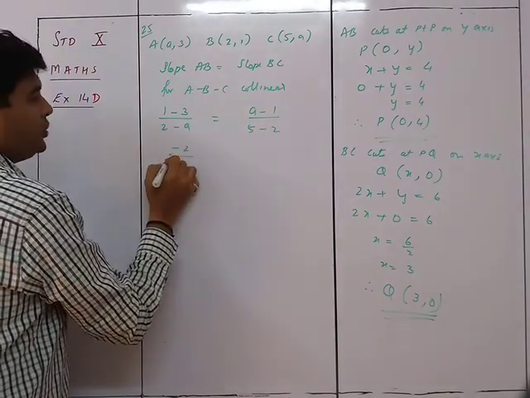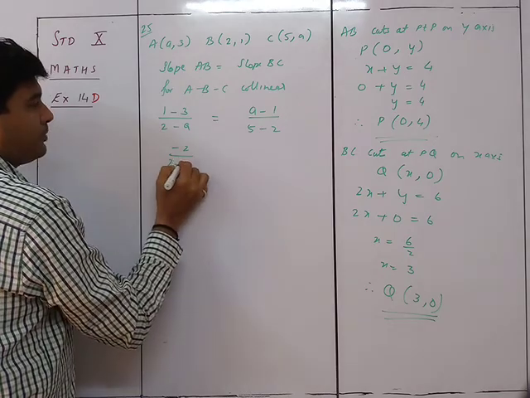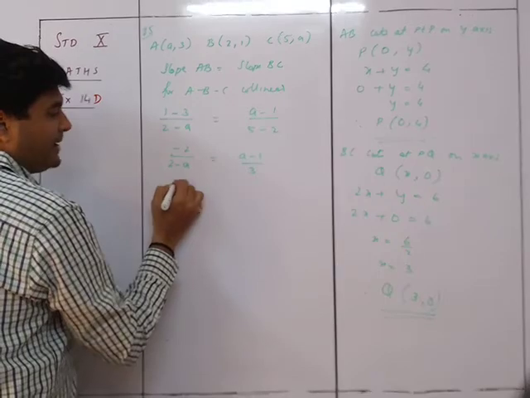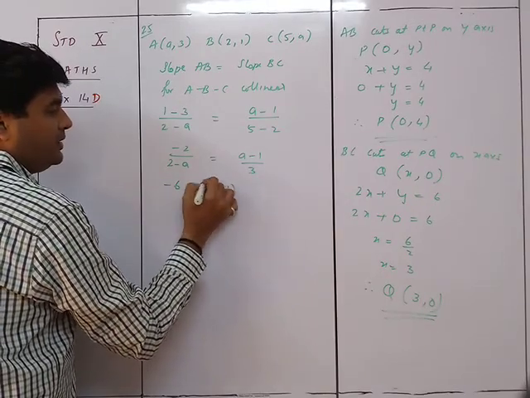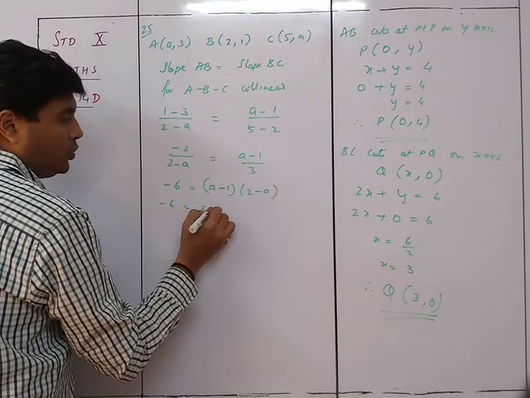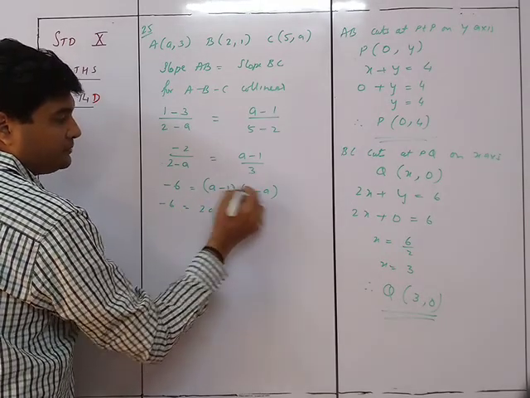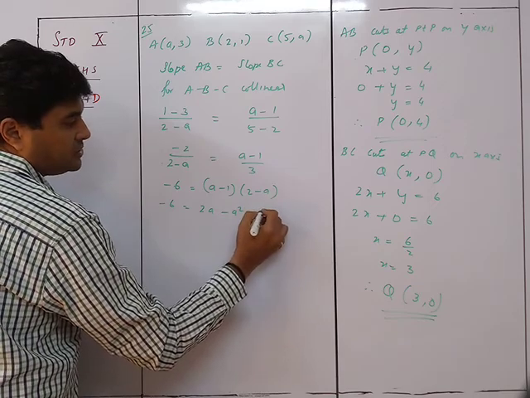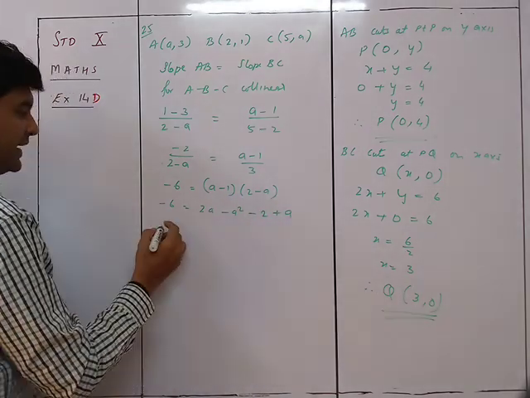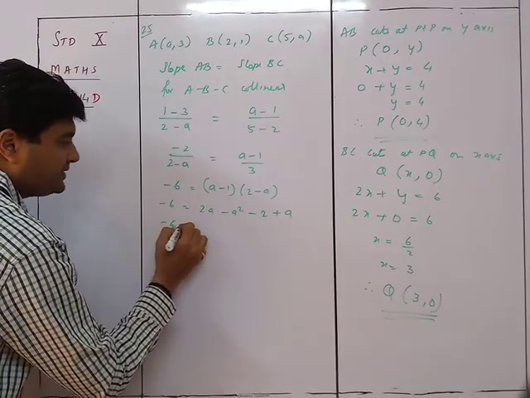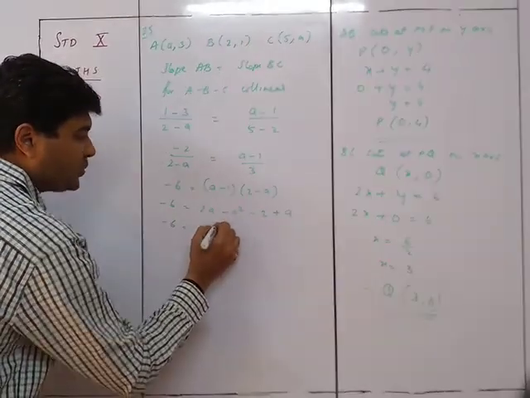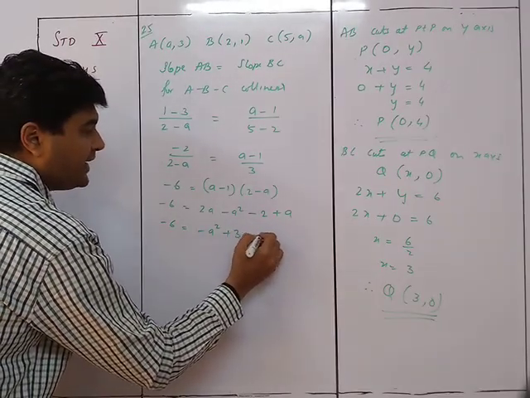So minus 2 upon 2 minus a is equal to a minus 1 upon 3. So this is minus 6 is equal to a minus 1 into 2 minus a. That will be minus 6 is equal to 2a minus a square minus 2 plus a.